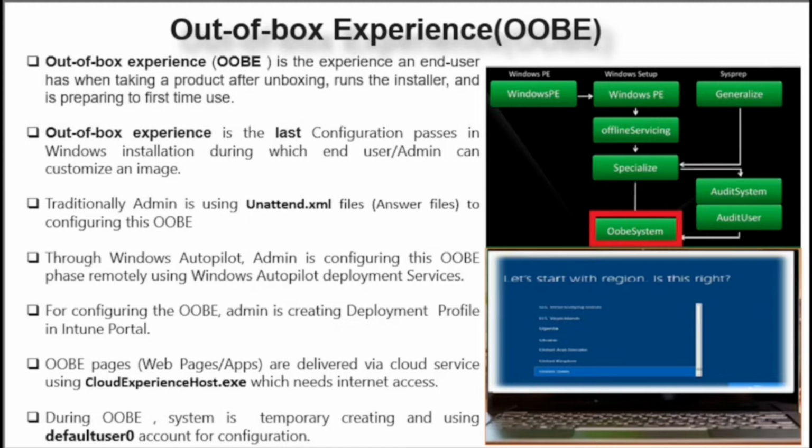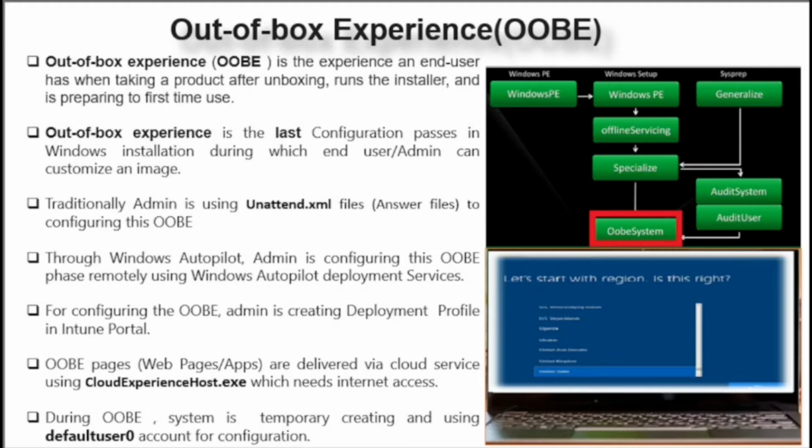So to configure the out-of-box experience remotely, system needs internet access as well as a web app which can check the profile against Autopilot deployment services. Out-of-box experience pages are a kind of web page or apps which are delivered via cloud services using cloudexperiencehost.exe, which initiates internet access check.